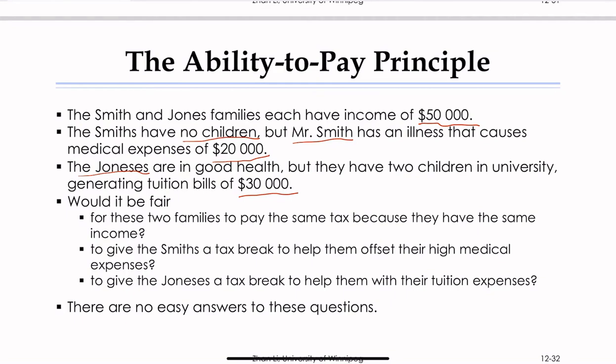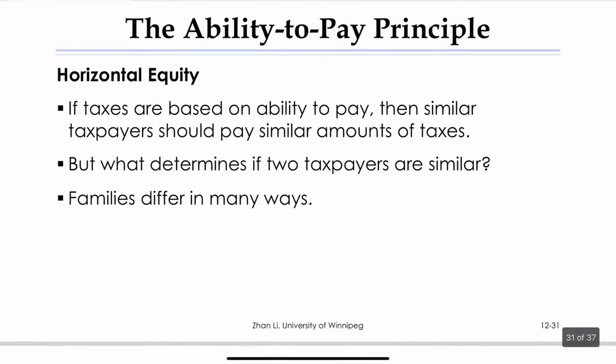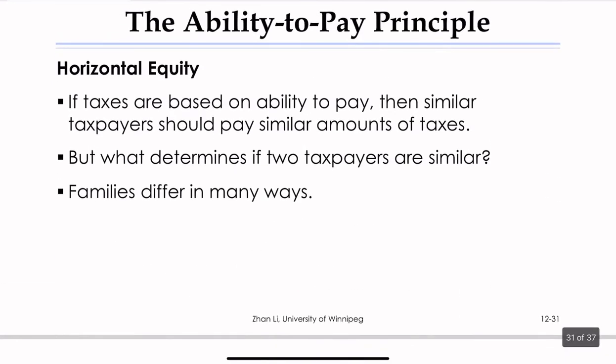And the Jones family could argue, well, we have to pay these tuition bills of $30,000, maybe we should pay lower tax. So you can see that there are really no easy answers to these questions, because it's very hard to measure similarities between different taxpayers. And we know that horizontal equity is based on similarities between different taxpayers.